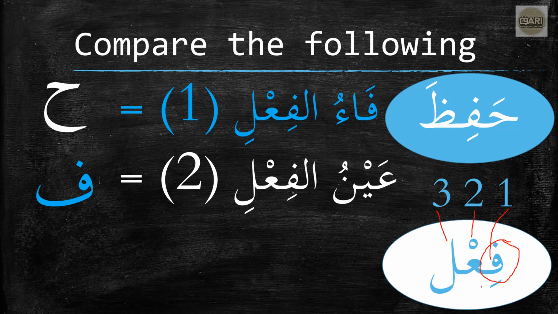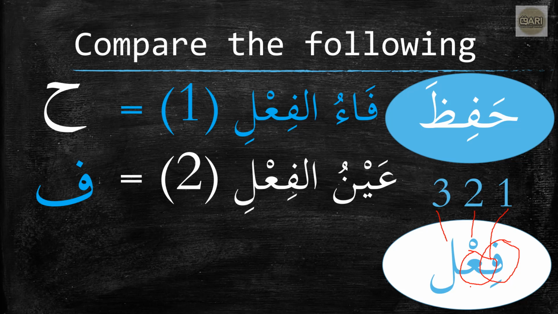Ainul fi'l means the second letter, the second radical of the verb. Why is it called the ainul fi'l? Because the second letter of the word fi'l, meaning verb, is ain. So we refer to the second letter or the second radical of any trilateral root verb as the ainul fi'l.